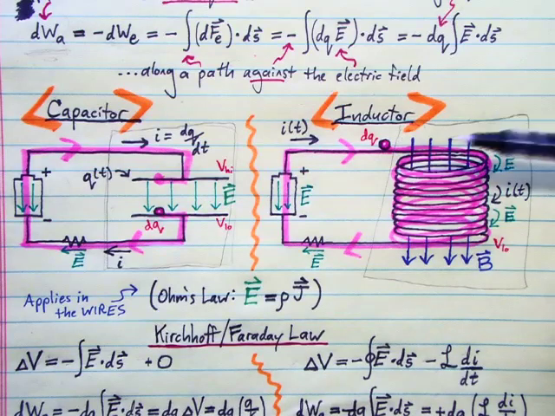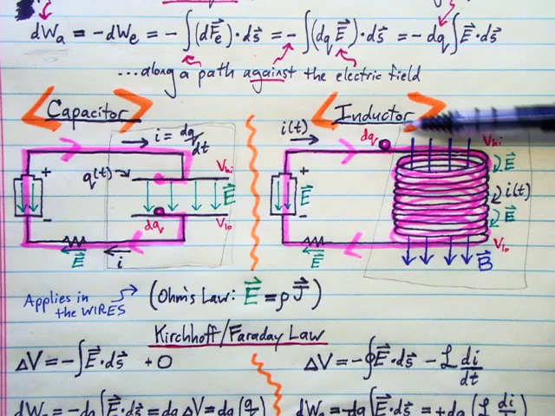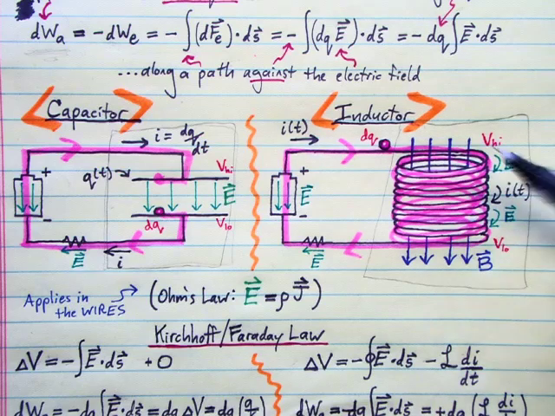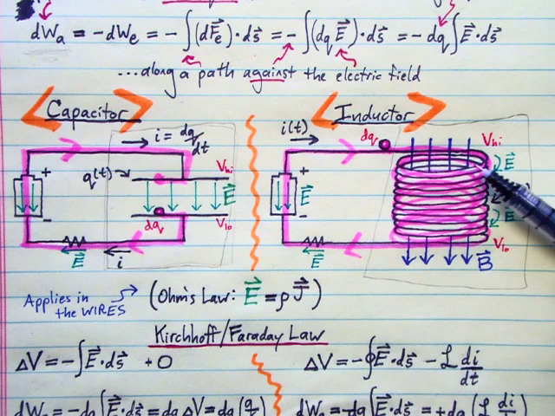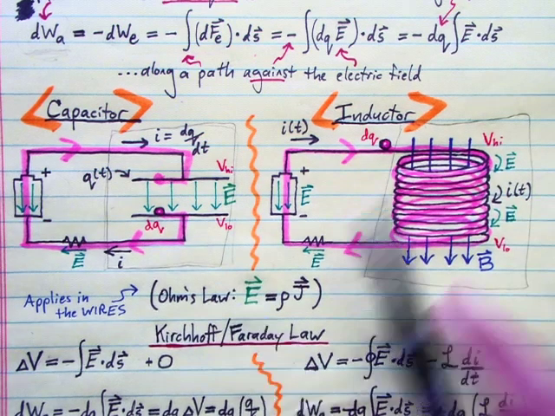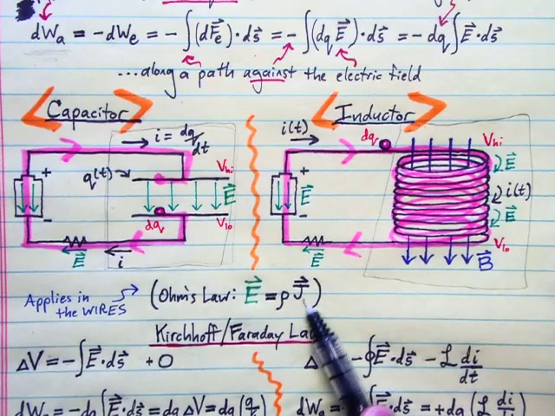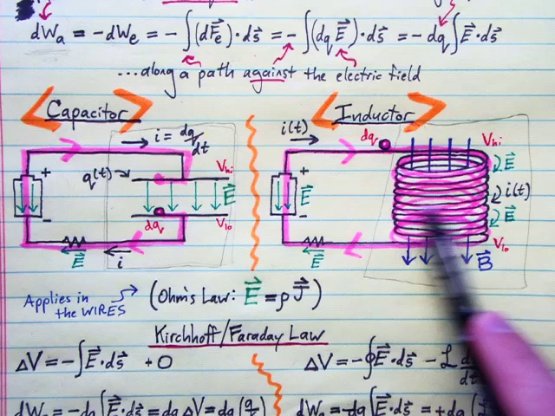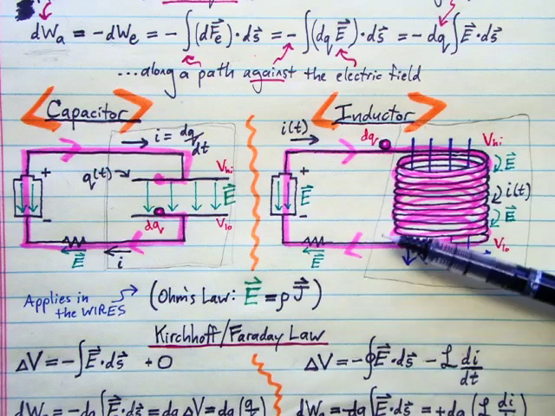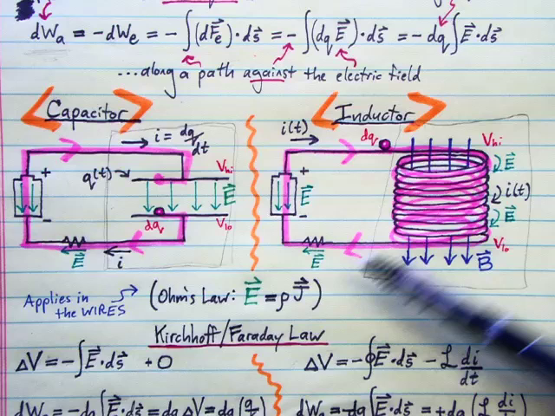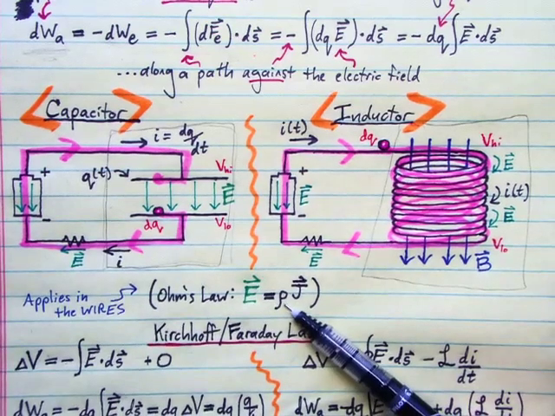Over here, moving our charge through the coil, we're actually moving with the electric field everywhere we're moving through the wires. If the wires obey Ohm's law here, then our electric field always points in the direction of the current. So we are going with the electric field here. The electric field will only be as big as it needs to be based on the resistance of the wires.